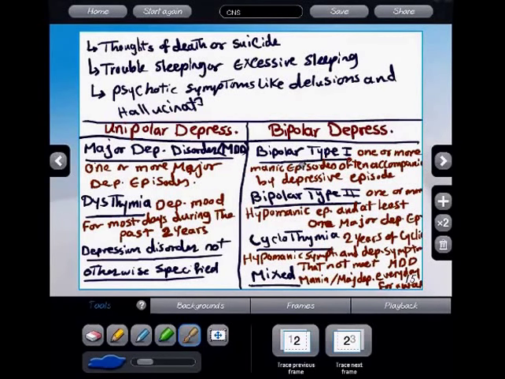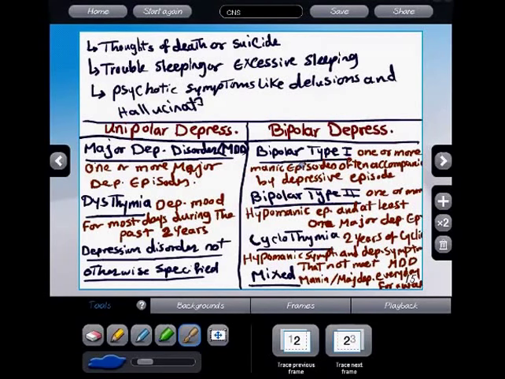The patient with depression sometimes has attacks or episodes of mania. One or two episodes of mania, often combined with depression episodes, is bipolar type 1.